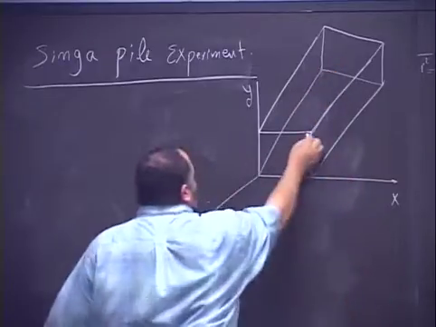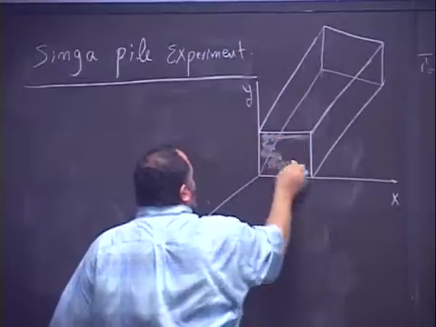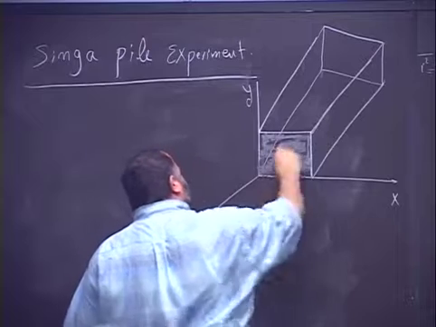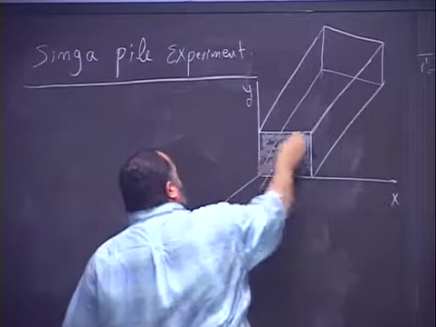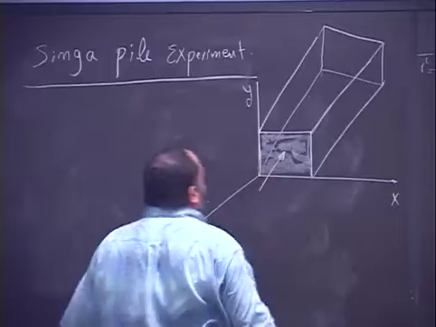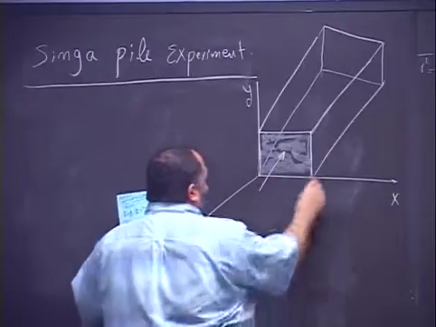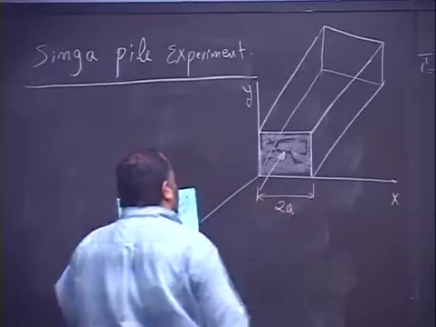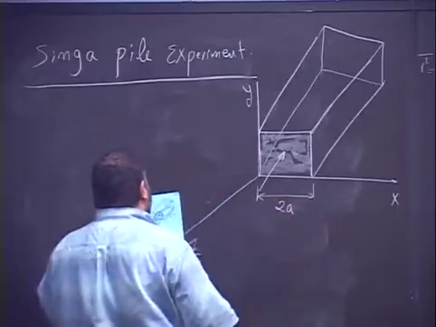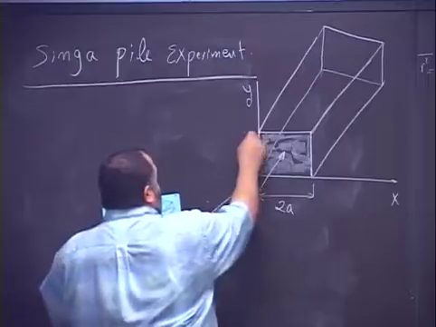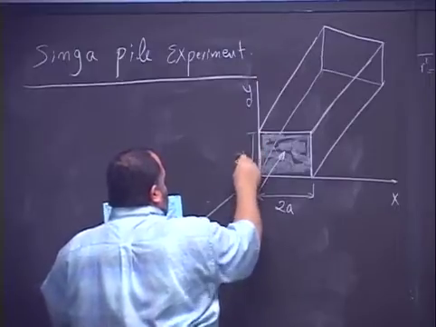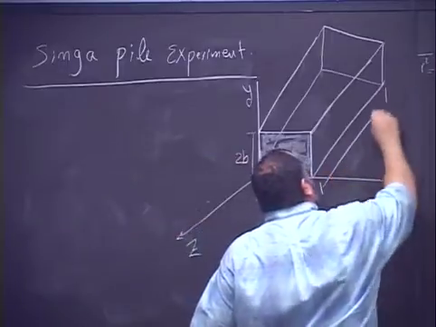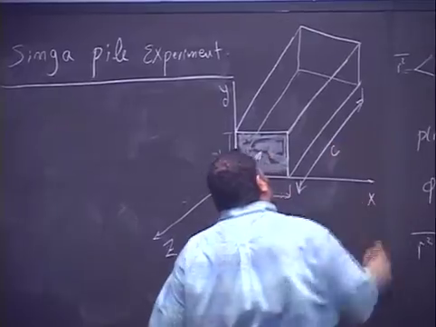And there is a source here that you pulse neutrons at this location, and it is distributed over this cross section. So let's assume in the X direction this is 2A thickness, and in the Y direction this is 2B, and in the Z direction this dimension is C.